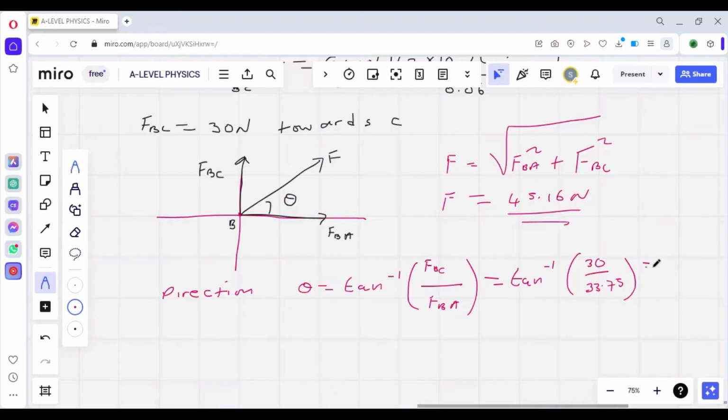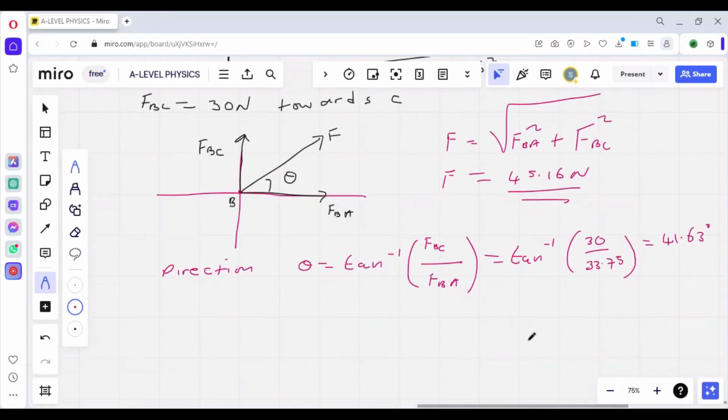So what will be the angle? We have 30 divided by 3.75. Then shift tan inverse of that, we're getting 41.63 degrees. Okay, so we can leave the angle like that. That implies we've measured the angle from the positive x-axis going in the anti-clockwise direction. So that's our direction.